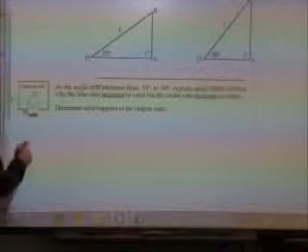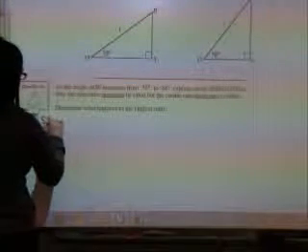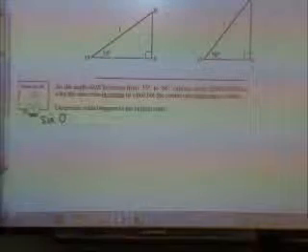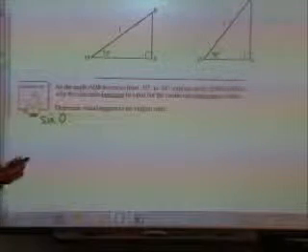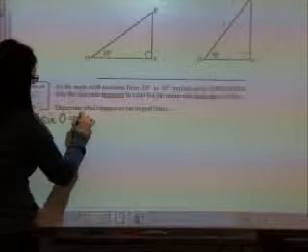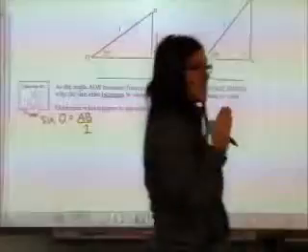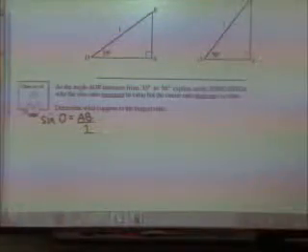Let's start with sine. And we'll call it sine of angle O. Sine of angle O is equal to the opposite side over the hypotenuse. That's AB over 1. That's what the sine of angle O equals.